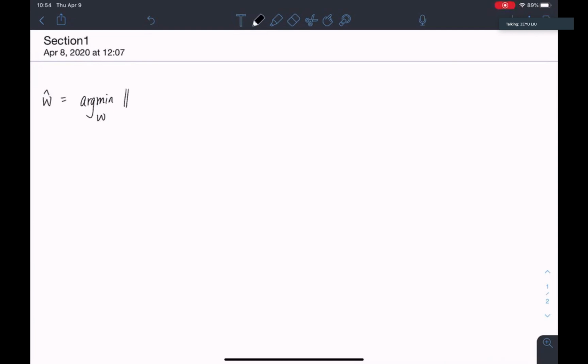Cool. X, W, Y. This is the list. Sorry for the handwriting. Least square error. And we want to find the W that minimizes the whole thing.